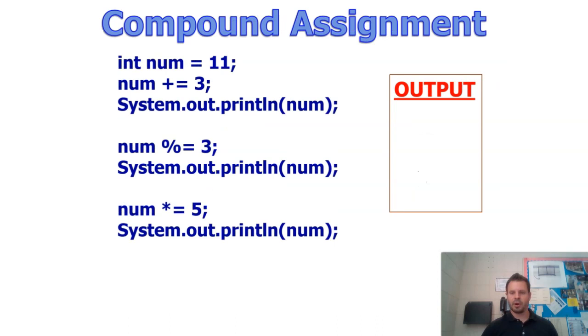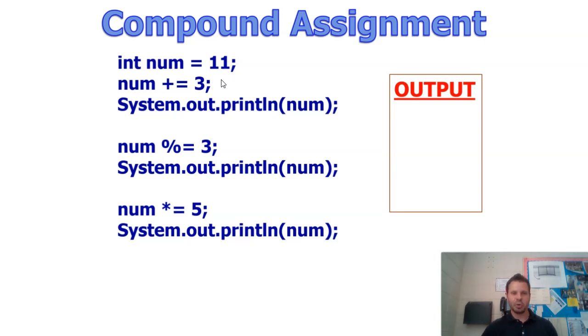Next thing we're going to talk about are the compound assignment statements. Let's explain what those are here. So again, I've got an int num, and this time let's assign it to 11 right off the bat. And with this next line of code, it's going to add 3 to num and reassign it all in one step. A very common step we'll take in our programs is to take a variable and add something to it.